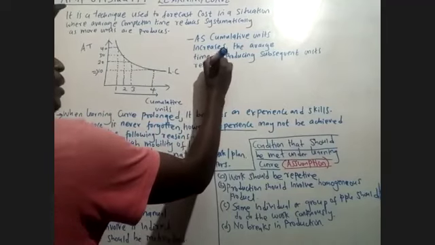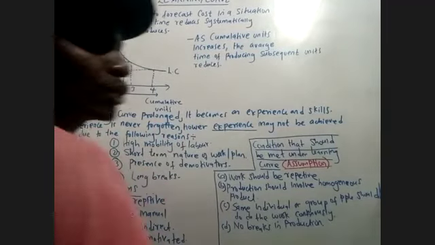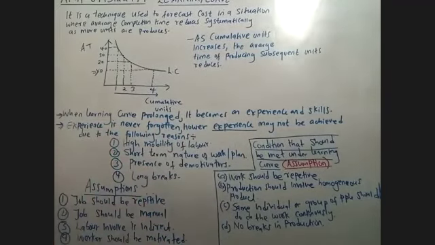That is what we have said. So the table you make tomorrow takes less time compared to the table you make today. So as you keep on increasing the units, the average time of producing the subsequent units will reduce.